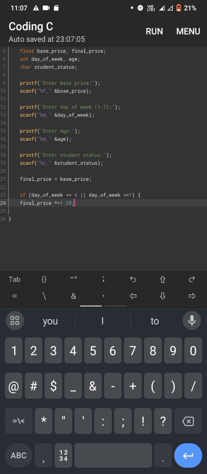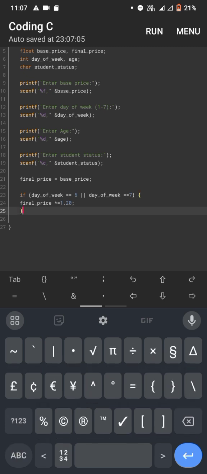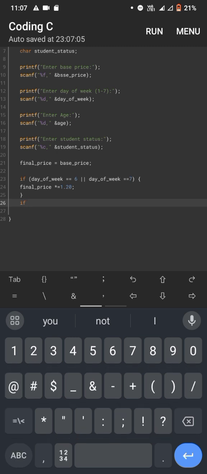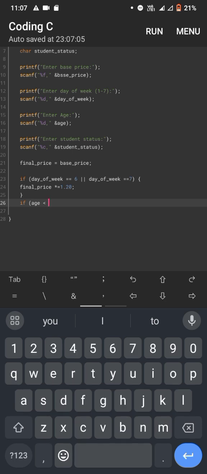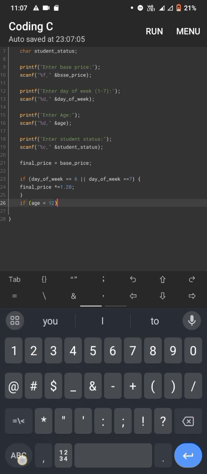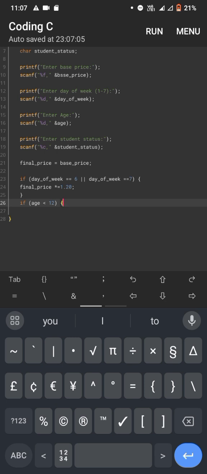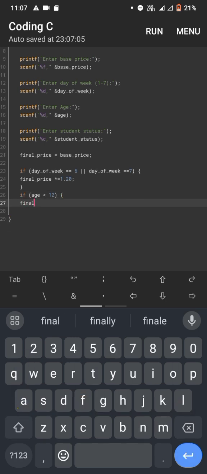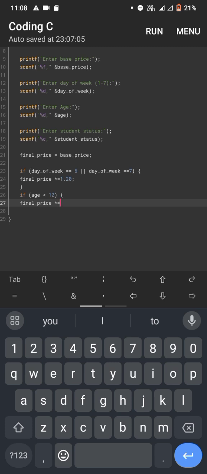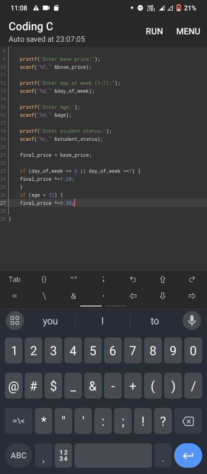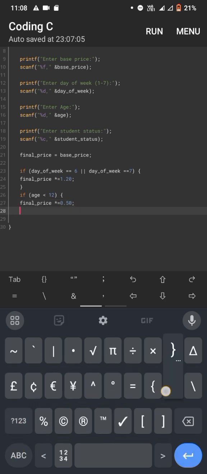So the next one, let's figure it out. If age is less than 12, final price times 0.50, close bracket.